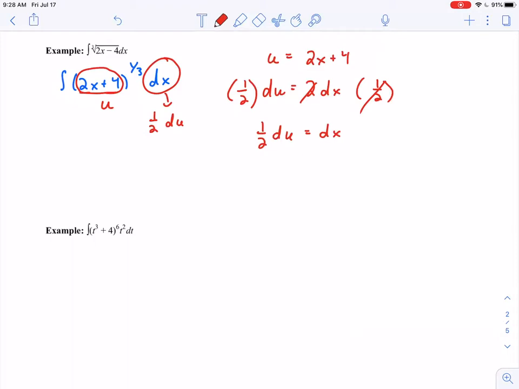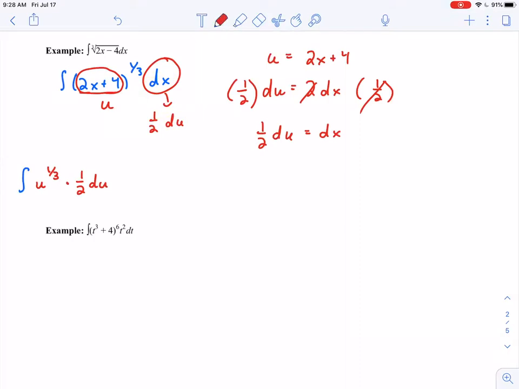So let's make our substitution then. We have the indefinite integral of, this is really u to the 1/3 times 1/2 du. Just to emphasize here, I took out 2x plus 4, replaced it with u. I took out my dx and replaced it with 1/2 du.